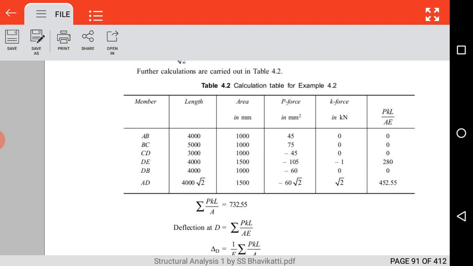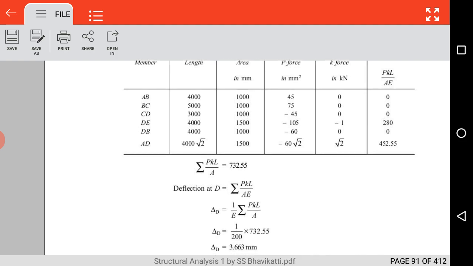Taking the multiplications of the values PKL upon AE for each member and taking the total sum of the last column, it gives us that the deflection delta is equal to the summation of PKL upon AE, which is equal to 732.55.